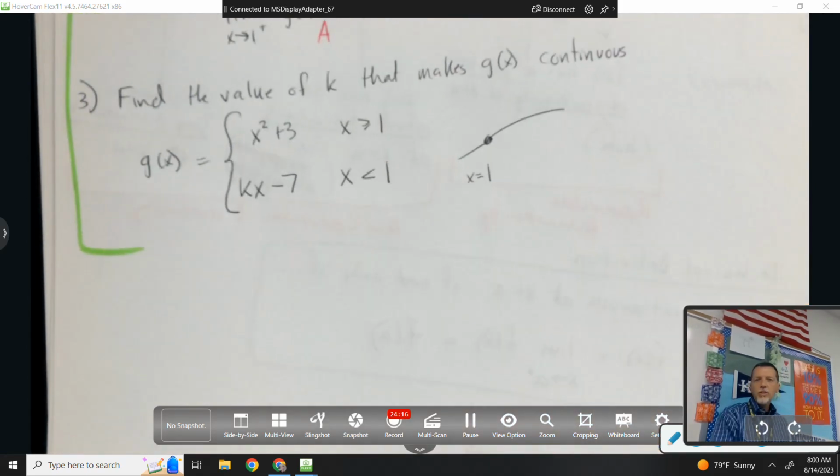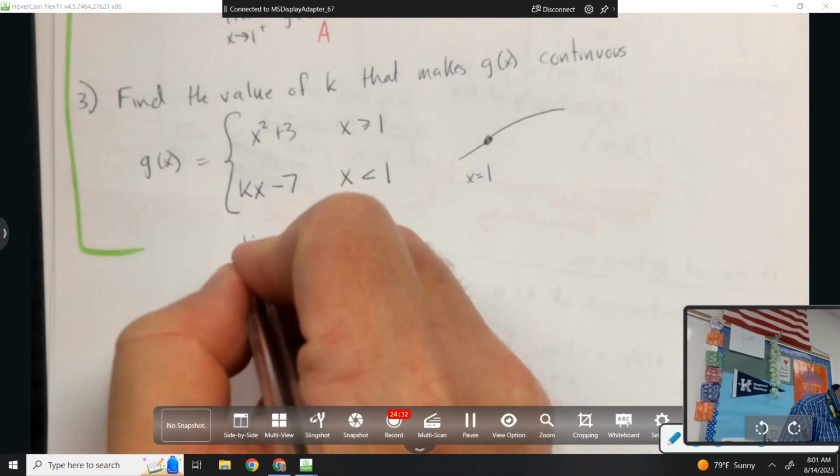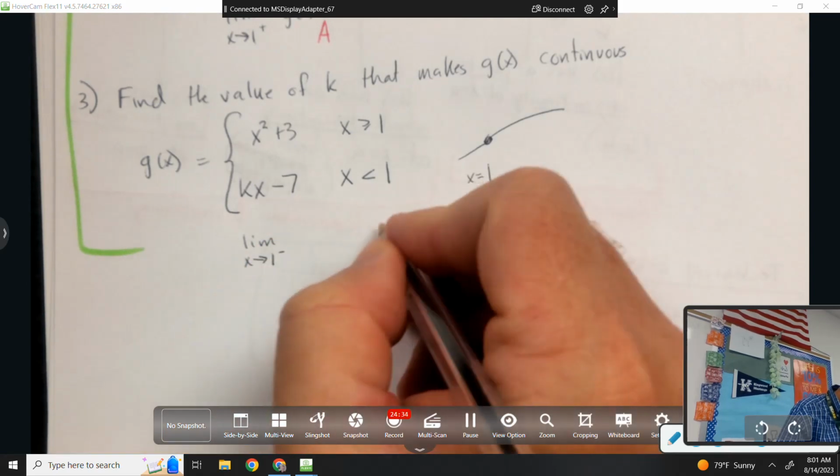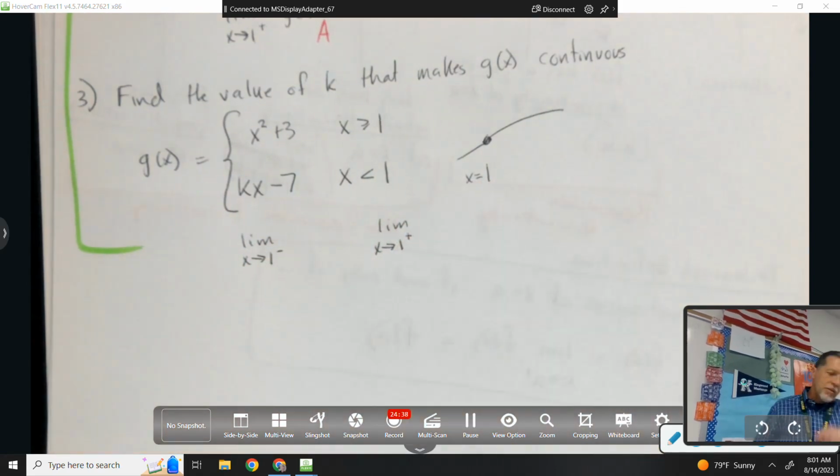So what should I do to sort of force them to tie together at x equals 1? Set them equal to each other? So kind of what we did on the last one, plug it into both, but this time we're going to set them equal to each other to force them to be equal. So I'm going to show more work than you probably would. Officially we want the limit from the left to equal the limit from the right.